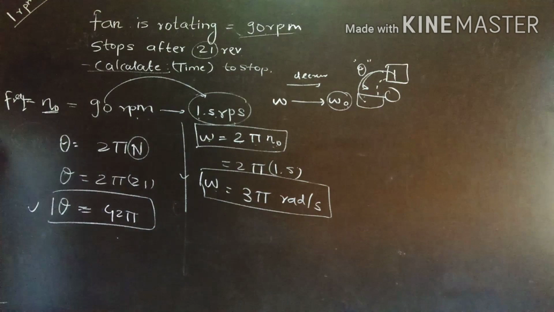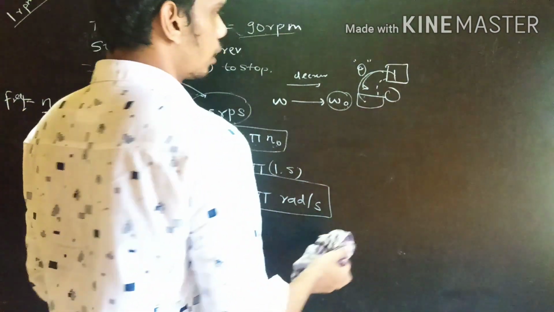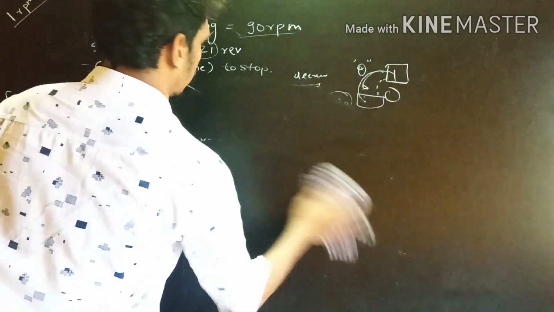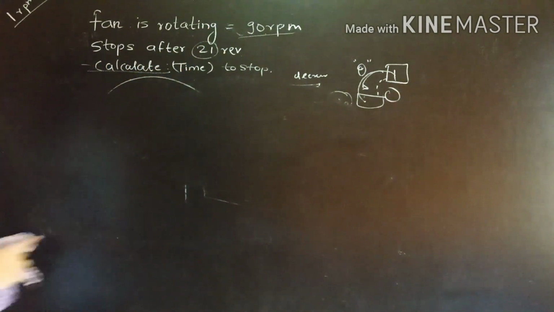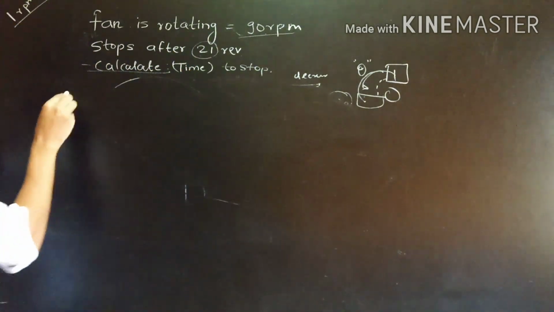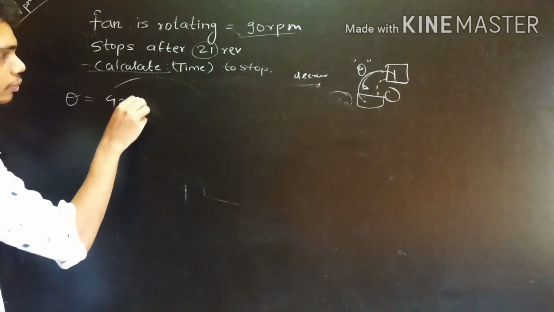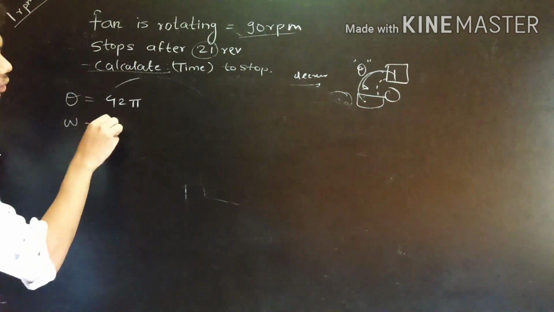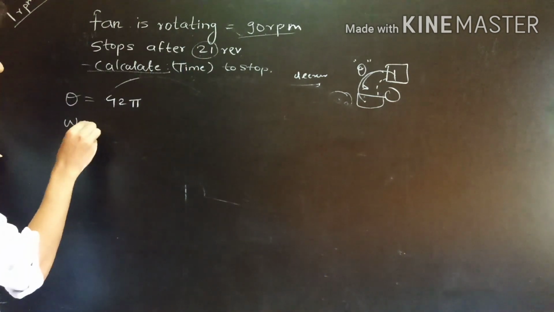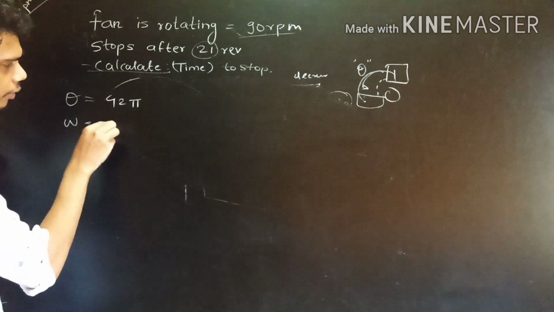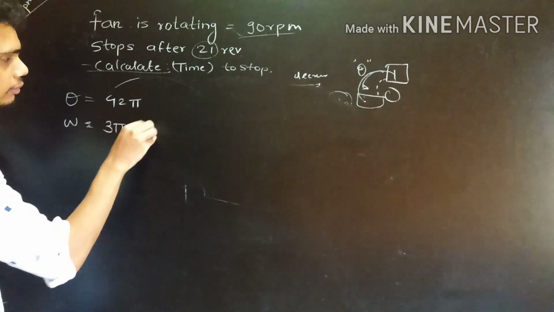So let's solve according to the kinematic equation. We got the value of theta as 42 pi, and omega we got as 3 pi radian per second.